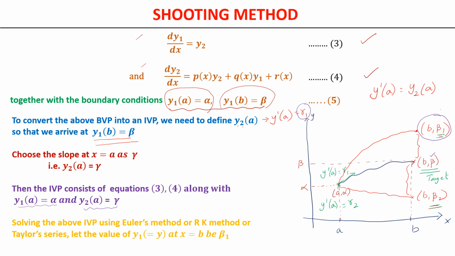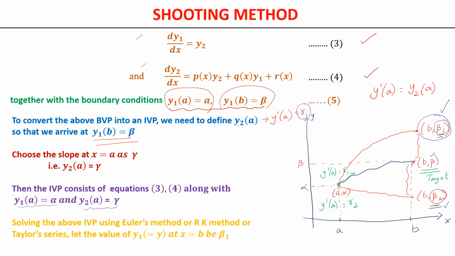Now how do we solve this IVP? We said we are getting beta 1, we are getting beta 2. It's an IVP. We have methods like Euler's, Runge-Kutta method of the fourth order, Taylor's series. We could use any of these in order to find out what our beta 1 and beta 2 are. So in this slide, what have we seen?